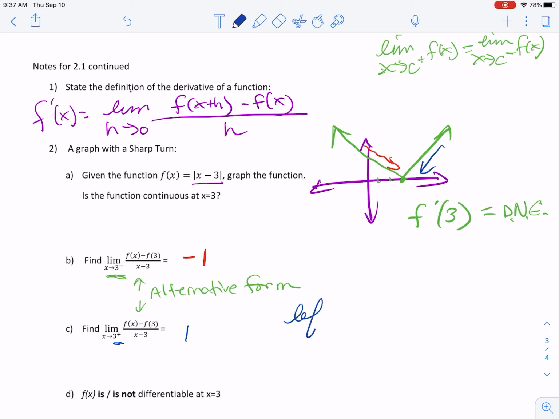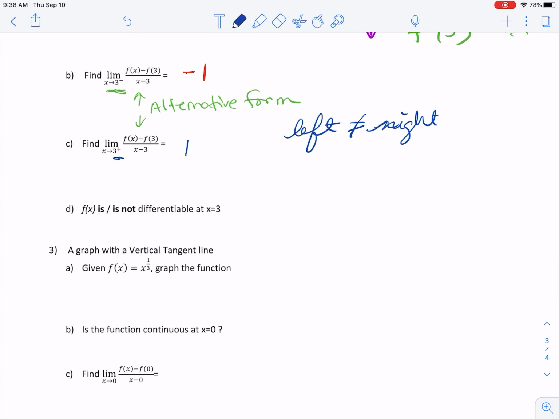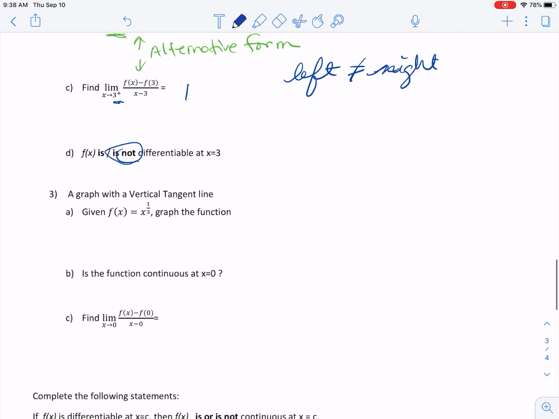Since the left does not equal the right, it's not differentiable at that point, okay? It's continuous, f of 3 is defined, but your derivative coming in from the left and right are not equal. So it's not differentiable, okay? So there's your answer.